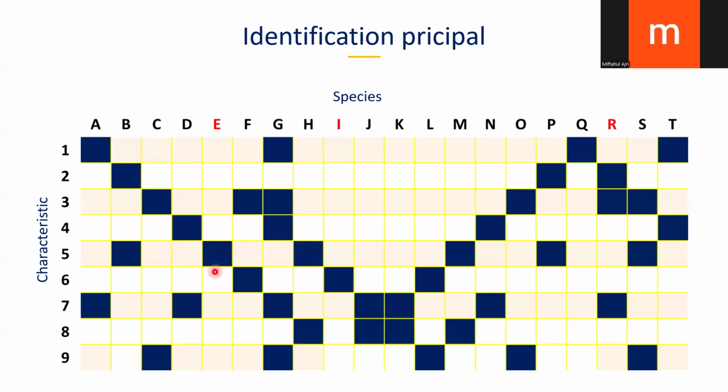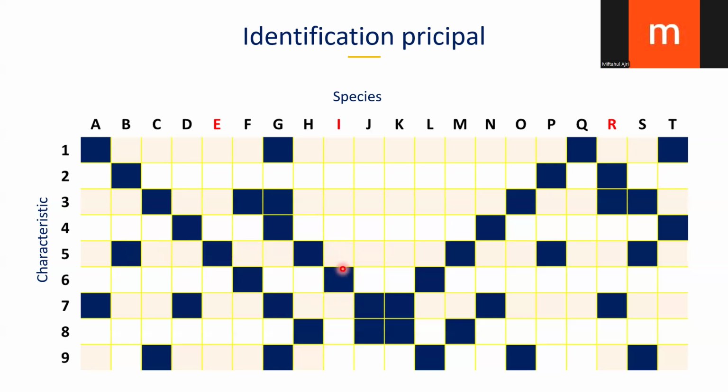We can go to another one. Oh, sorry, it's a mistake. From the fifth character, we got this blue and we got this orange. And also for the sixth character, this white and this blue.